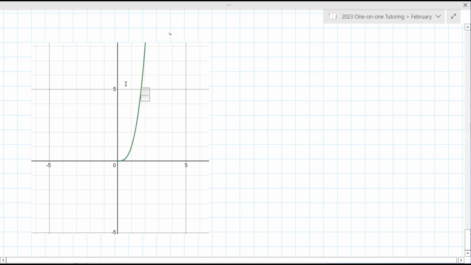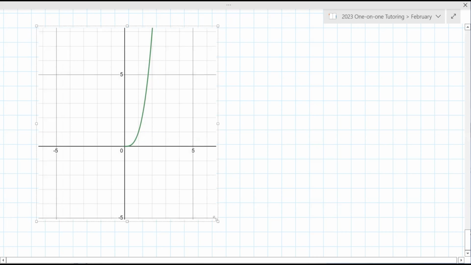All right, so I'm snipping this in now. Actually, let me zoom out a little more. So this graph I put in here is incomplete, but there's a reason for that.